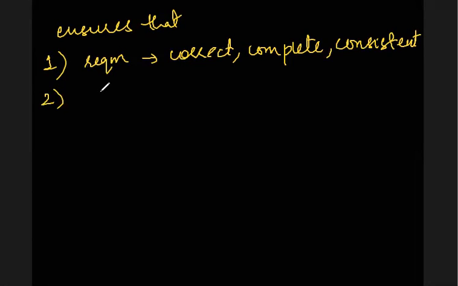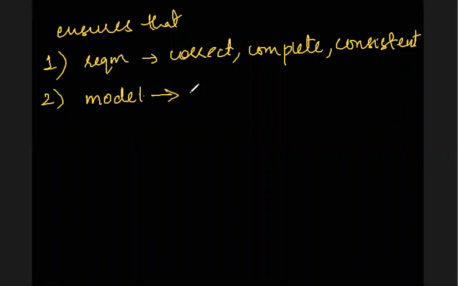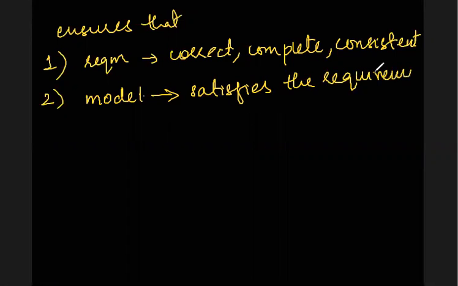The second one is that a model can be created. Whenever you create a prototype, based upon the prototype you're going to design the main model. So this satisfies all the requirements that were stated by the customer.